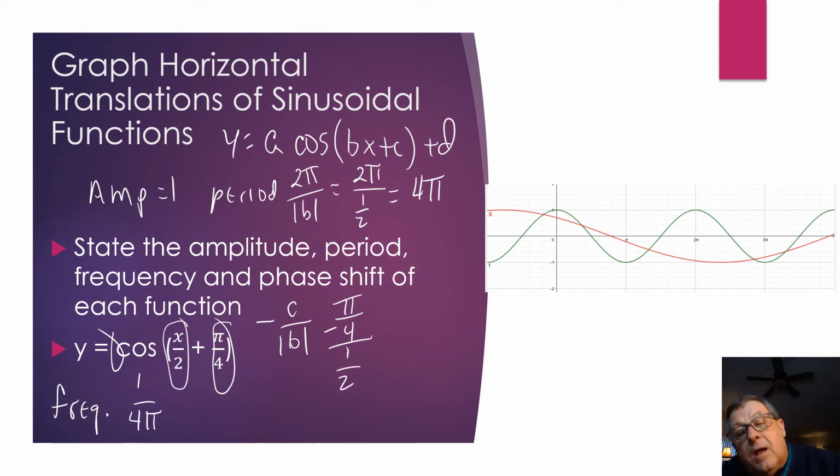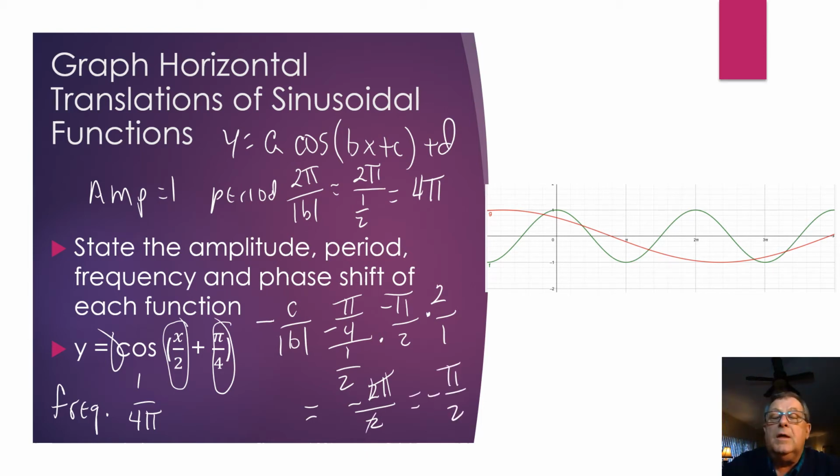So now we've got negative pi over 4, and I need to keep that negative in mind, over 1/2, which is times 2 over 1, and that's going to equal negative 2 pi over 4, but my 2s can cancel, and so my phase shift is negative pi over 2.